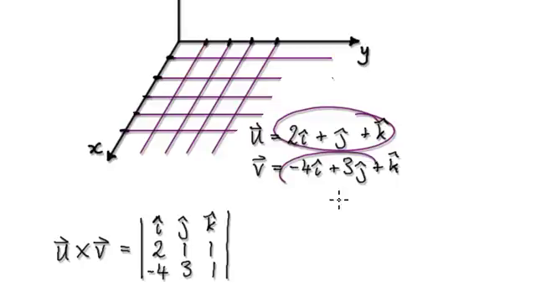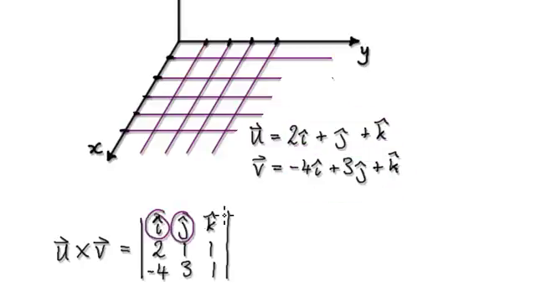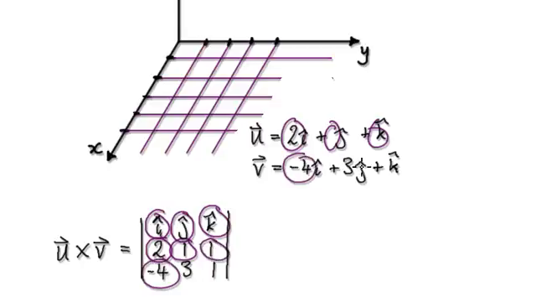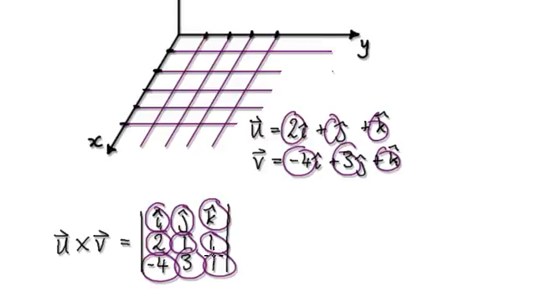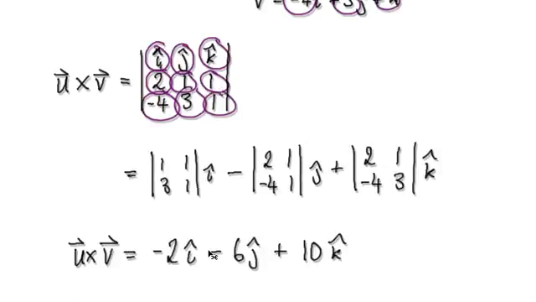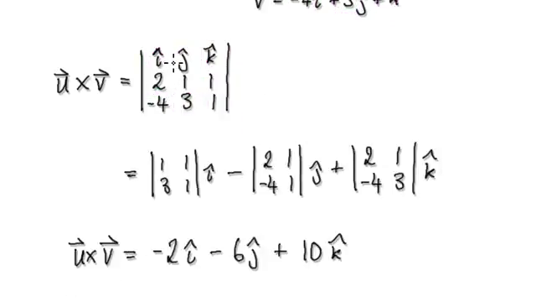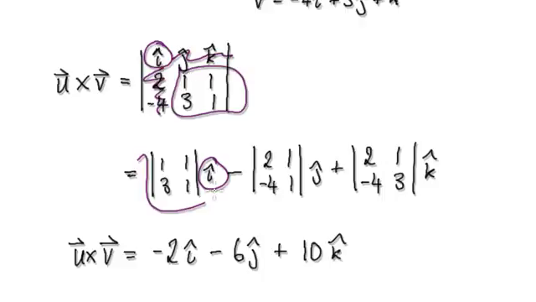You've got two vectors here. Let's insert the unit vectors i, j, k, and then insert the 2, the 1, the 1, and then the -4, the 3, the 1. So the cross product will be similar to the determinant. Looking at i, discard the horizontal, discard the vertical, and just look at this.